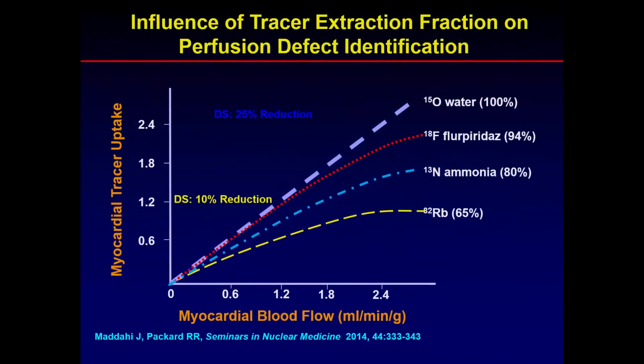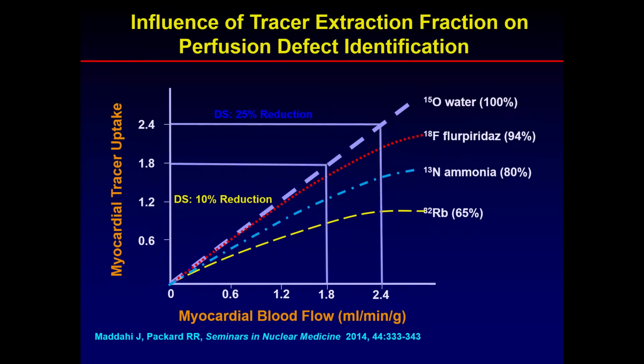So here's an example. This is looking at O15 water, F18 flurpiridaz, which actually has uptake similar to O15 water. It's almost linear, unlike the other ones. Then you see ammonia and rubidium, which has the worst uptake at high flows.